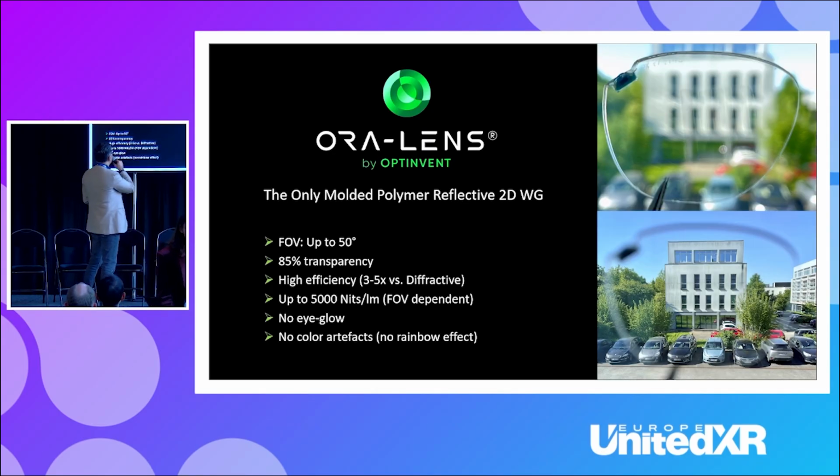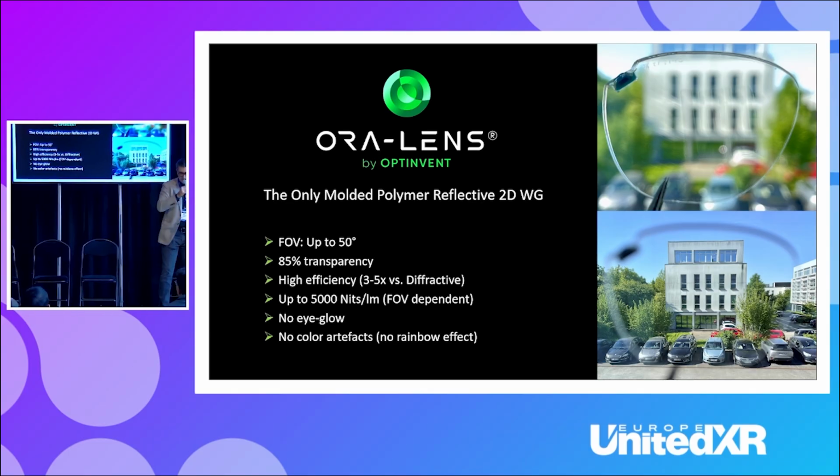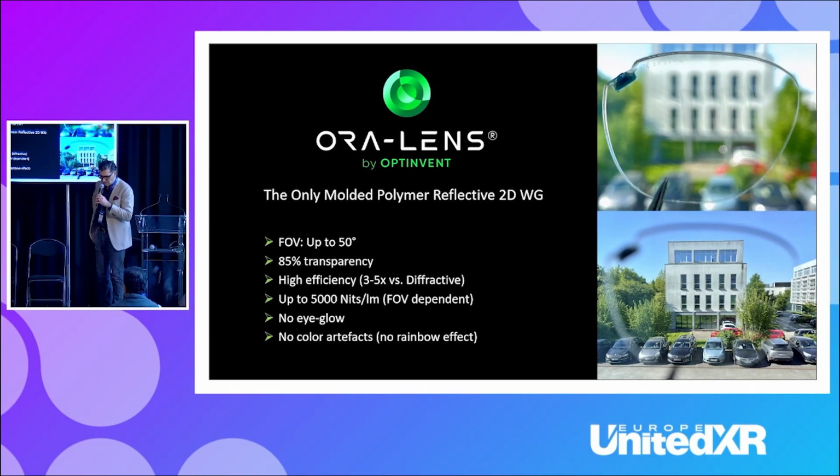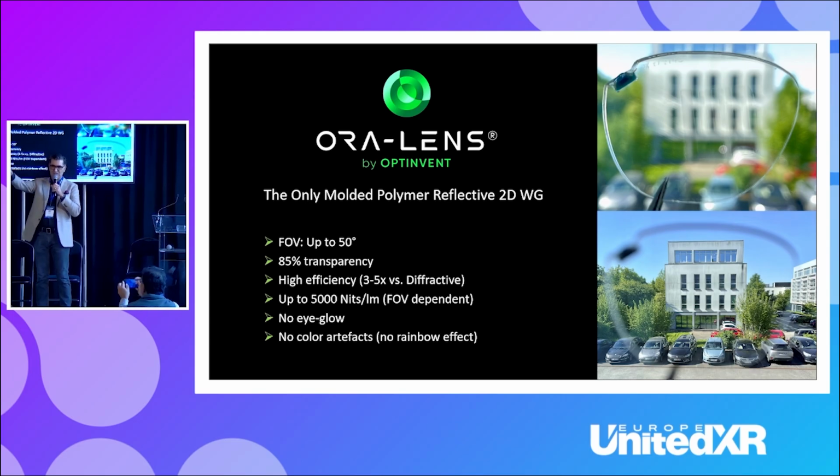And we have something at Optinvent called the Aura Lens, and this is a waveguide that I have here that I will show you. It exists, and we are making these today. Okay, and that's a molded polymer waveguide. It's molded in plastic.